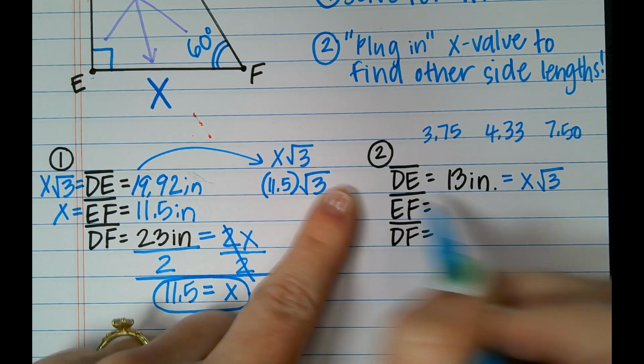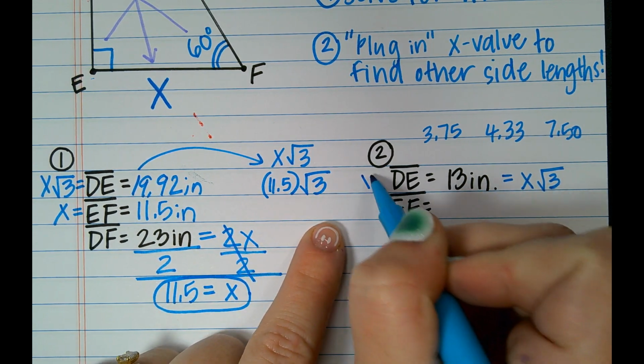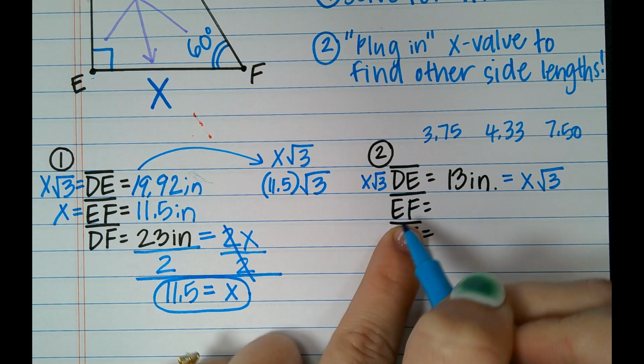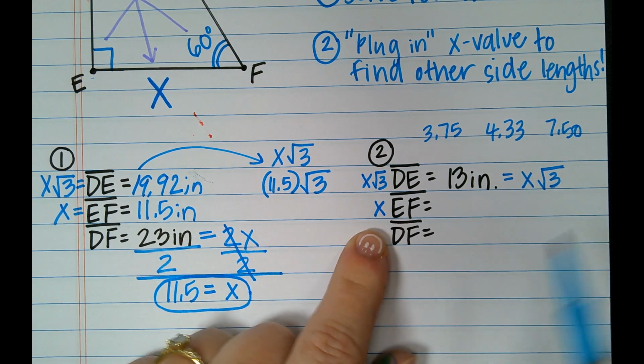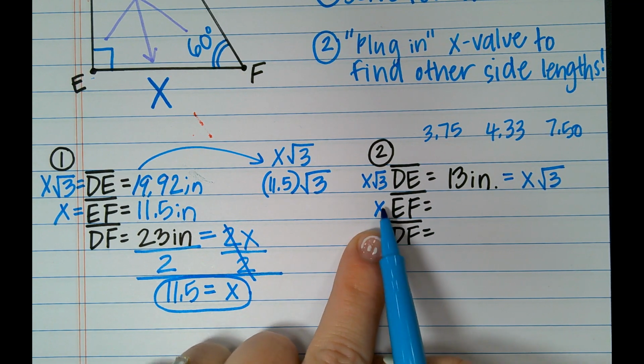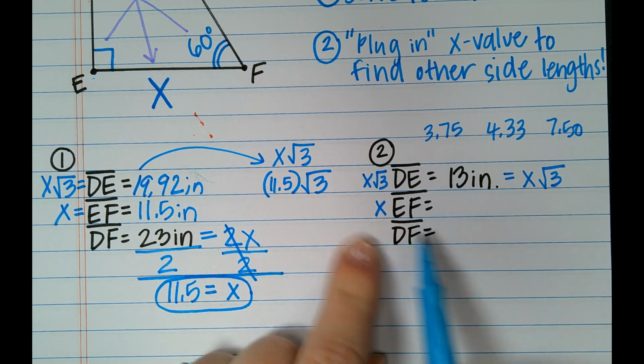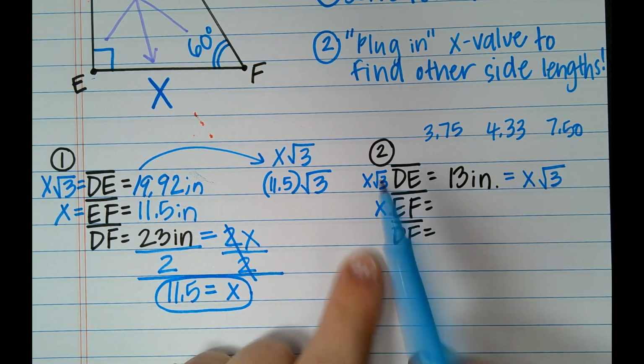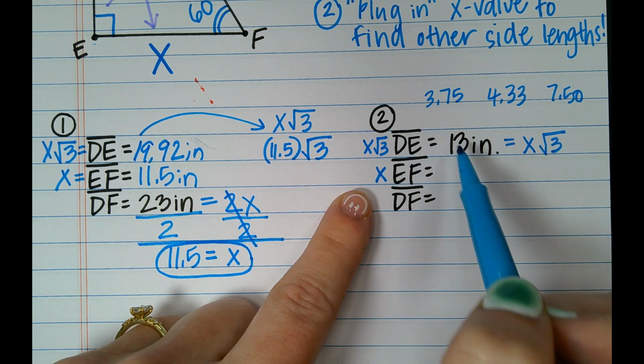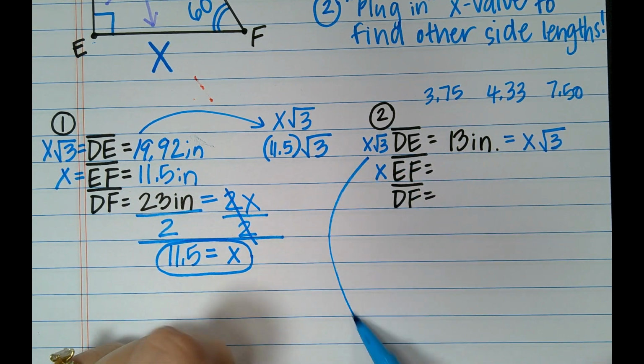Okay, I see. So let me label off to the side here. I know DE is X radical 3, and EF is X. So what you're saying is we know that X radical 3 is 13, and you're going to solve for X with that equation. Okay, perfect. So let's do that. I'm going to set up this problem.